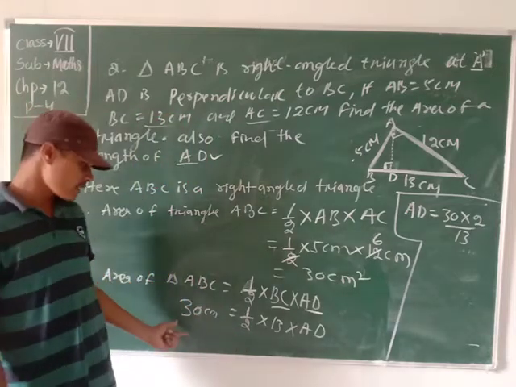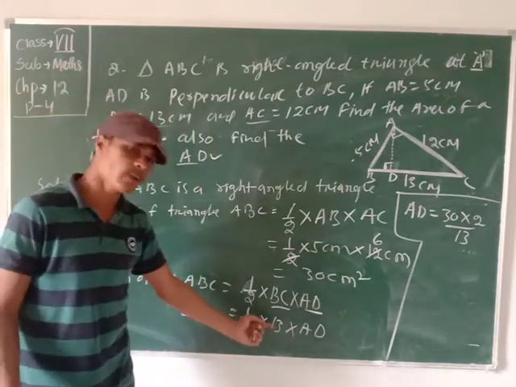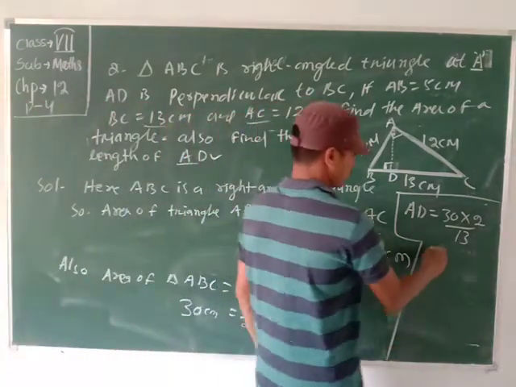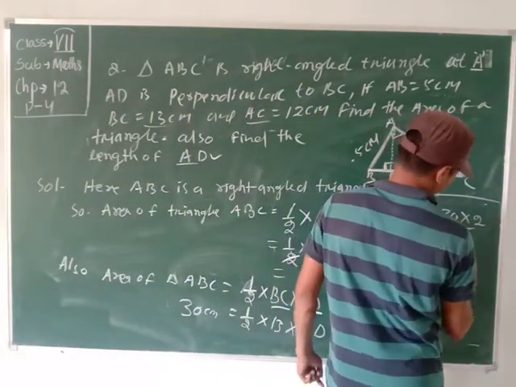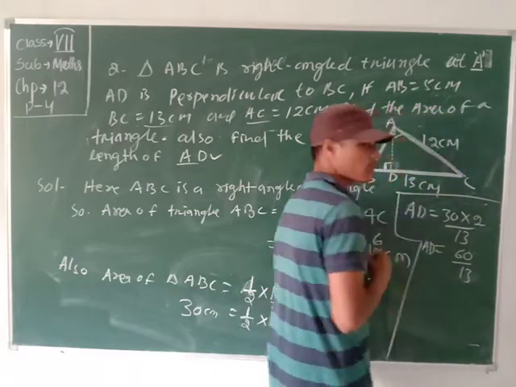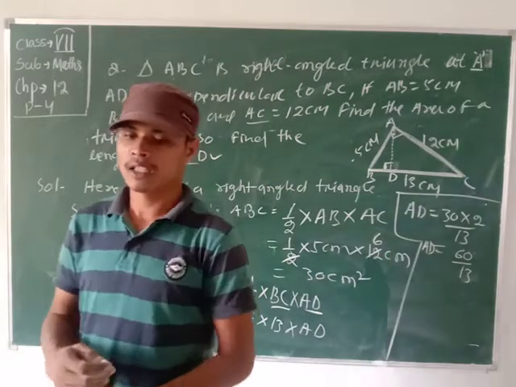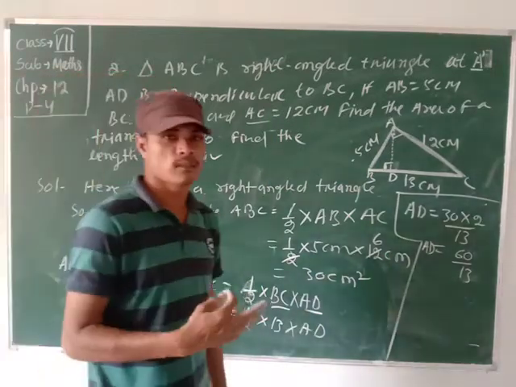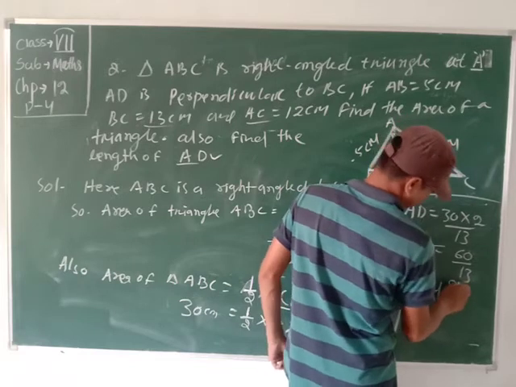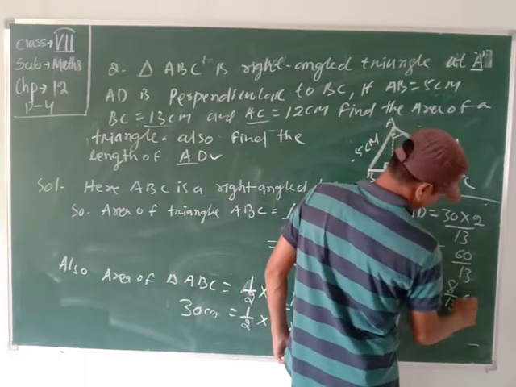When we change the side, 2 is divided and should be multiplied, and 13 is multiplied and should be divided. Clear about this? So AD equals 13 into 2 by 30, that is 60 by 13. When we change it from an improper fraction to a mixed fraction, 13 fours are 52, then 8 by 13 centimeters.